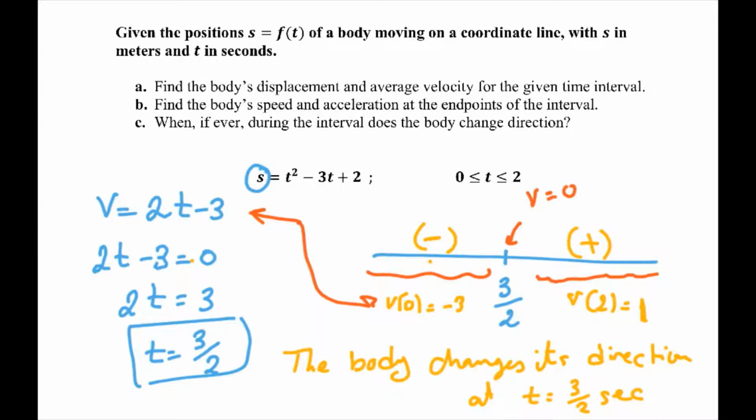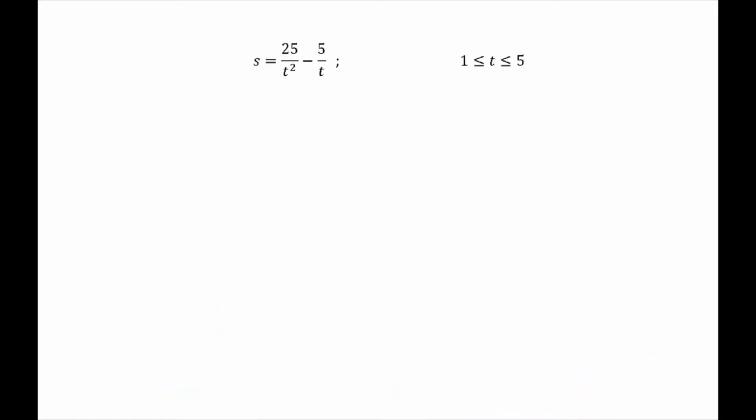Okay guys, so I'm going to be finding these 3 for the next question. So here we go. That's the second question. What I need to find is number 1, the displacement and the average velocity. So one more time, the displacement is delta S, which is S5 minus S1.